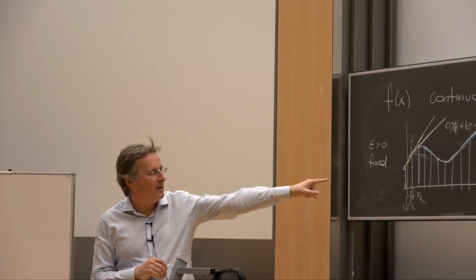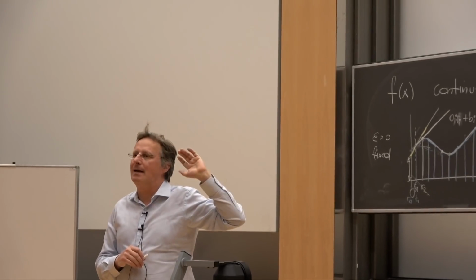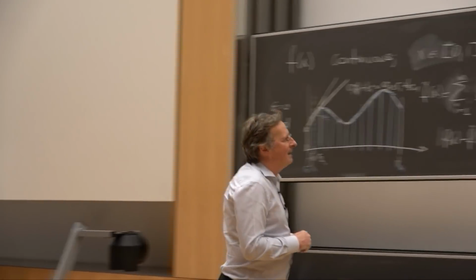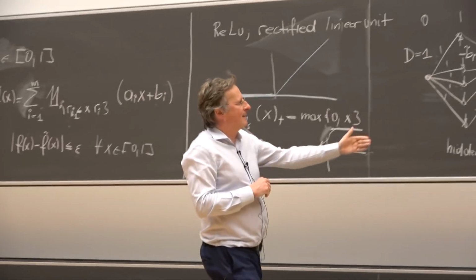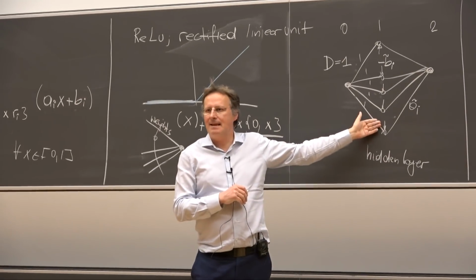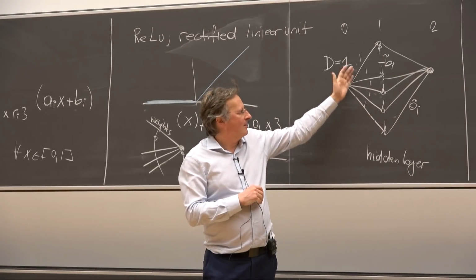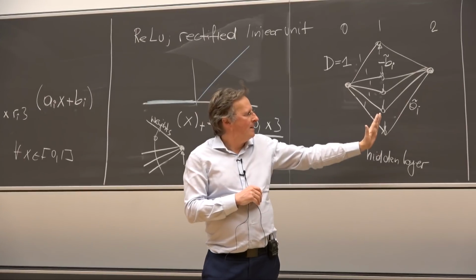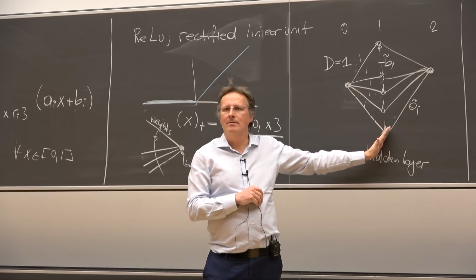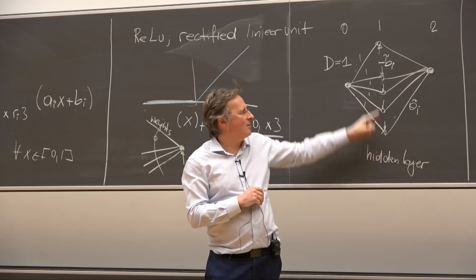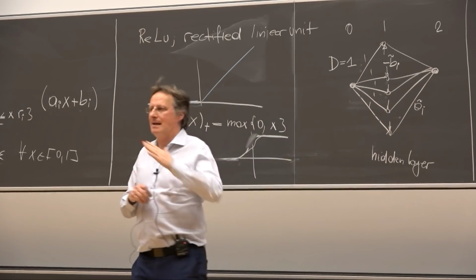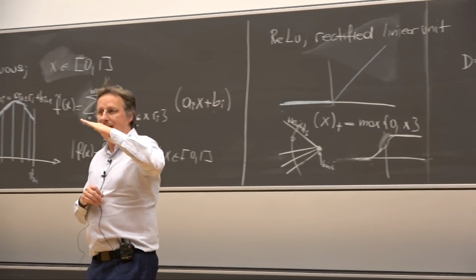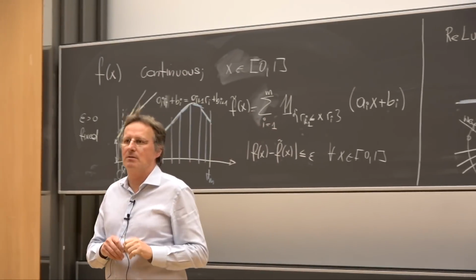As we have seen, you can write it in this form. And once we can write it in this form, it's clear that we can represent it as a standard neural network with one single hidden layer. And we need exactly as many nodes in this single hidden layer as we need line segments in the approximation.